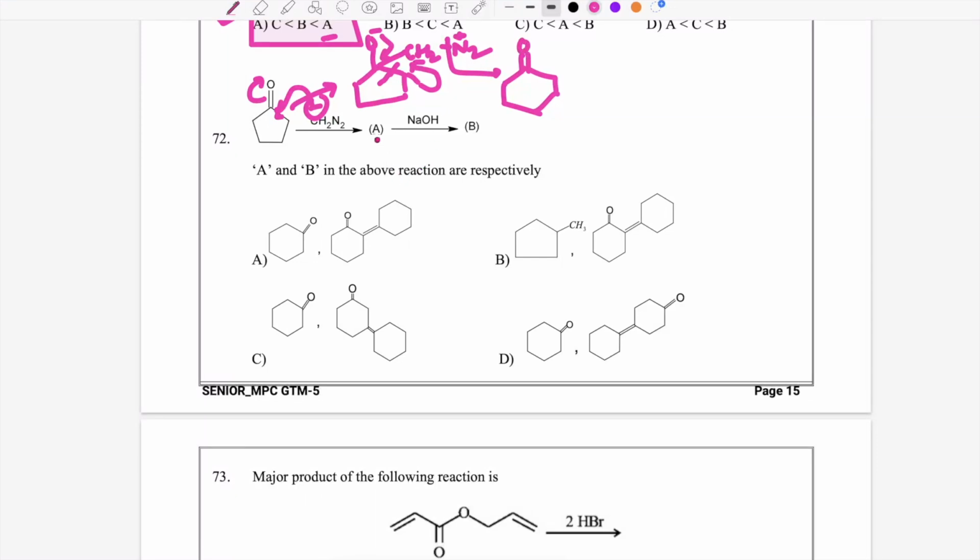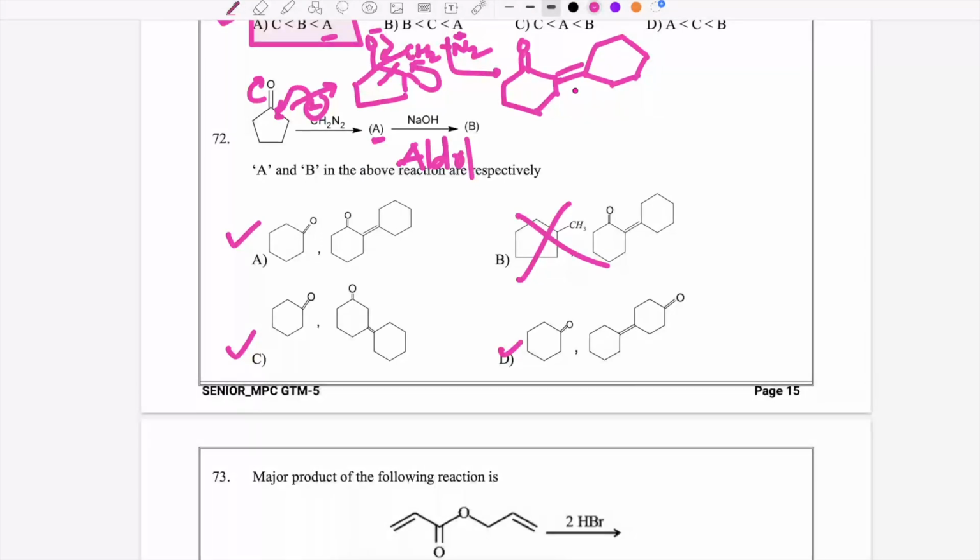Cyclohexanone. So compound A is cyclohexanone. So option D, option C, option A all have cyclohexanone, so option B is ruled out. Now we'll think about it. We got NaOH. NaOH is the reagent for Aldol's reaction. We have the head and shoulder technique to explain it.